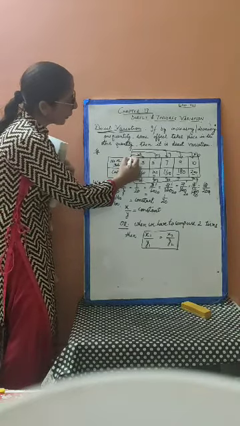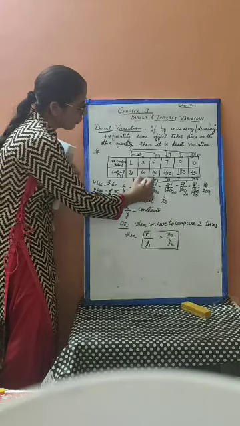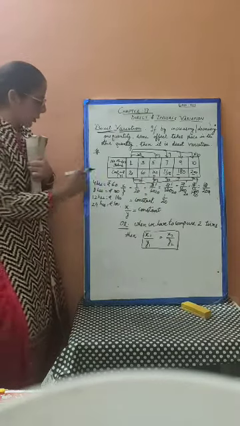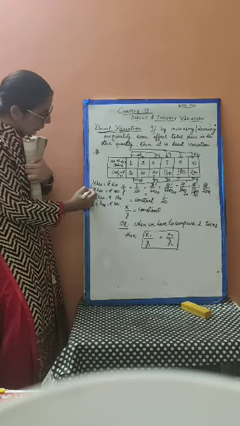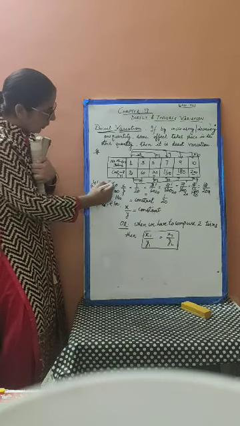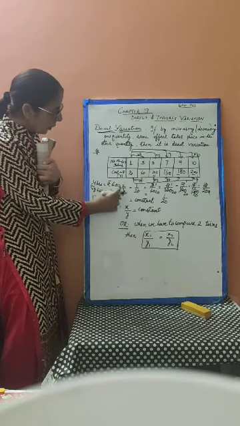Here what was happening? As much as was the change in the number of items, the same was the change in the cost. Now see here, time is changing by double. Can we see the same kind of change in the cost?